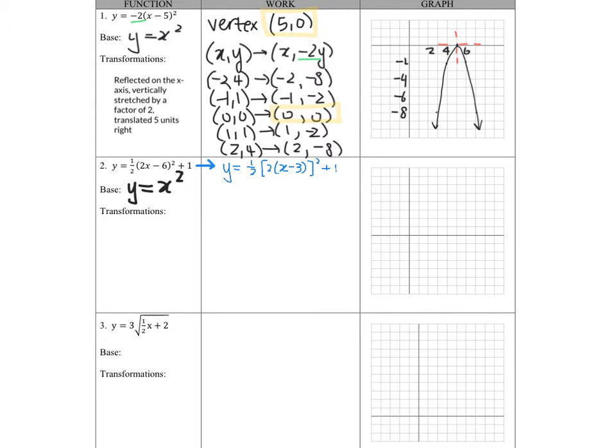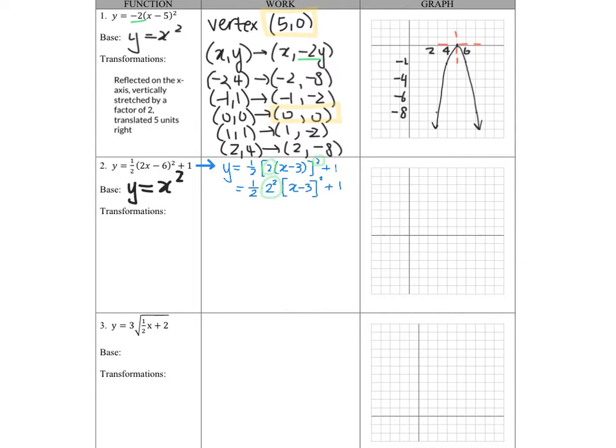And now what we're going to do is apply this exponent of 2 to this coefficient 2 in order to bring out that coefficient from the square brackets. So that means this is going to give us half times 2 squared out of the square brackets, x minus 3 squared plus 1.